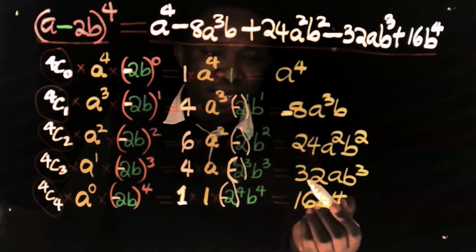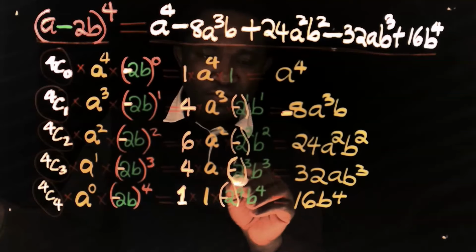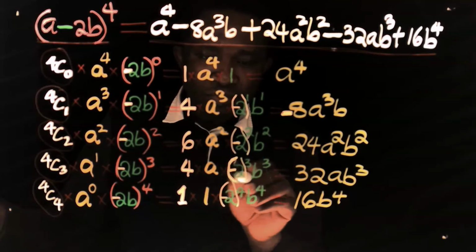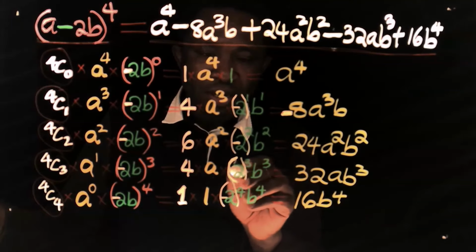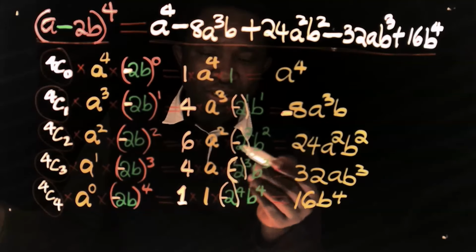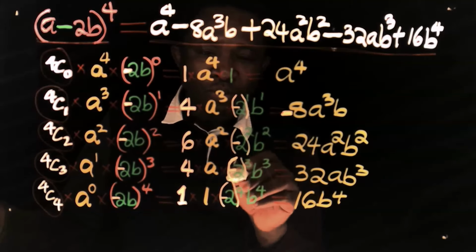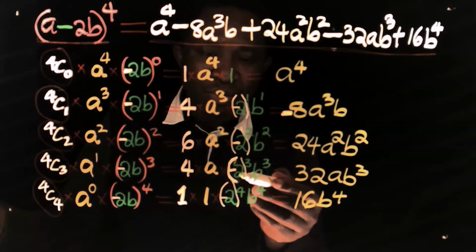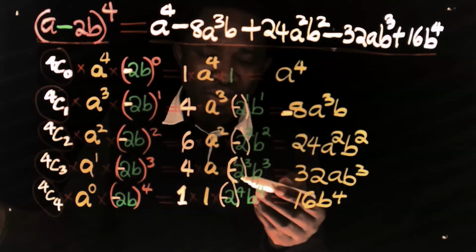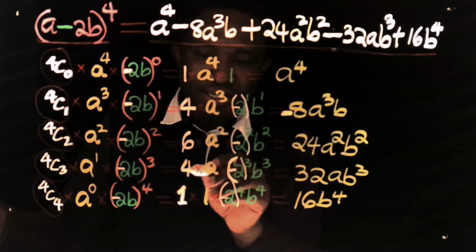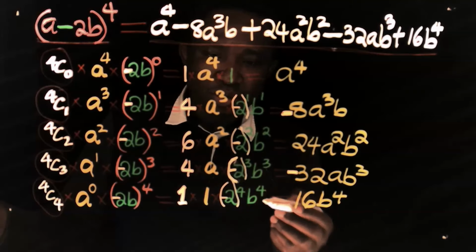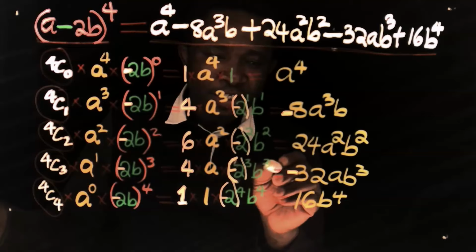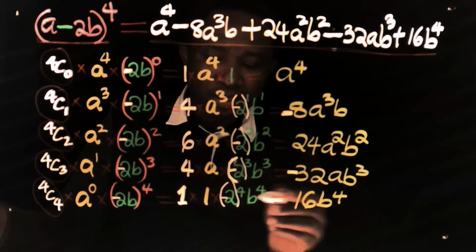Everything remains the same. For the third term, this is minus 2 times minus 2 times minus 2, 3 times. Minus 2 times minus 2 is 4, and 4 multiply the next minus 2 will give you minus 8. Minus 8 times 4 will give you minus 32. And this is a, and this is b to the power of 3.